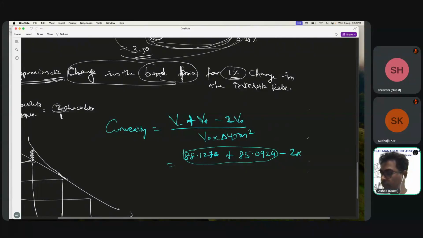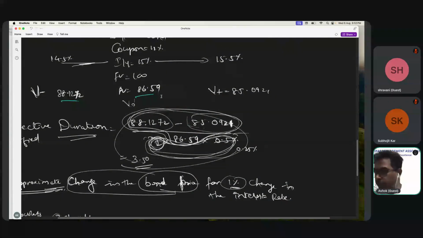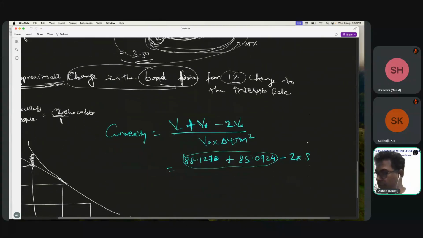V0 is 86.59. Divided by V0, which is 86.59, into delta YTM square. Delta YTM is 0.5 percentage, squared.